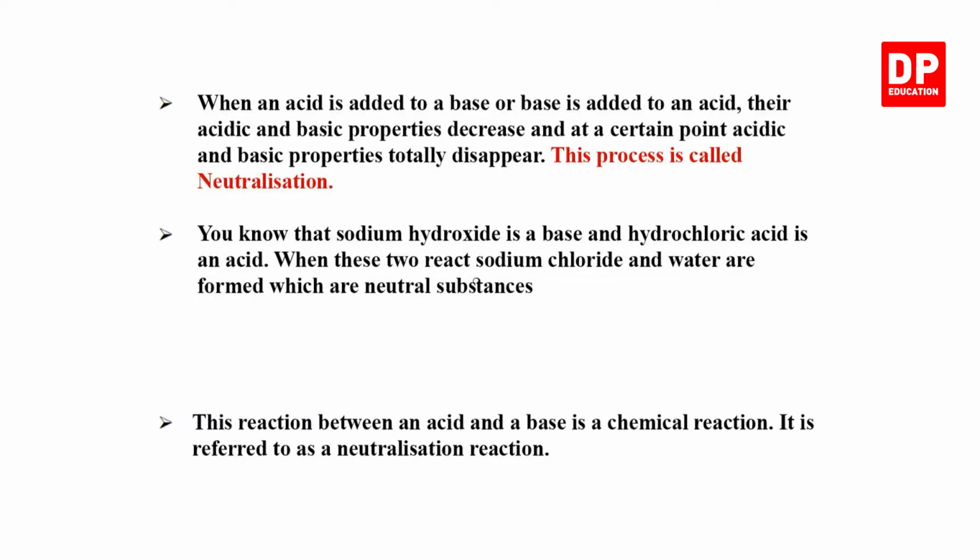Here you can see that when an acid is added to a base or a base is added to an acid, their acidic and basic properties decrease, and at a certain point acidic and basic properties totally disappear.